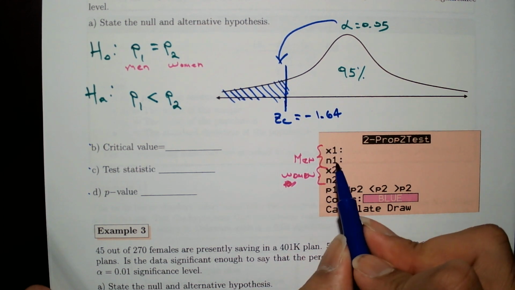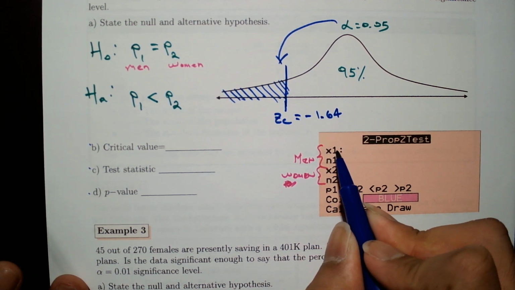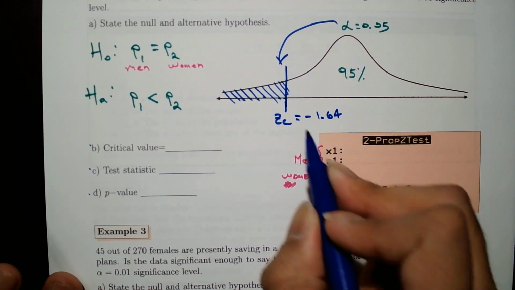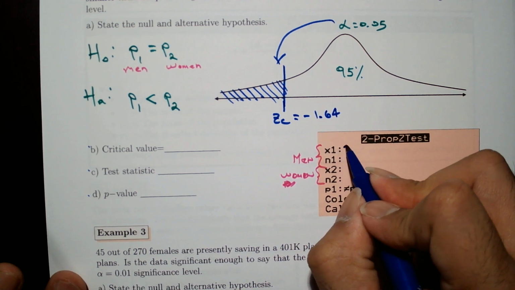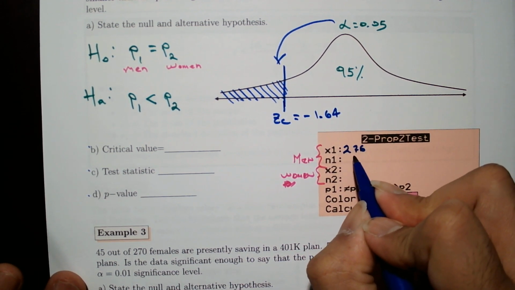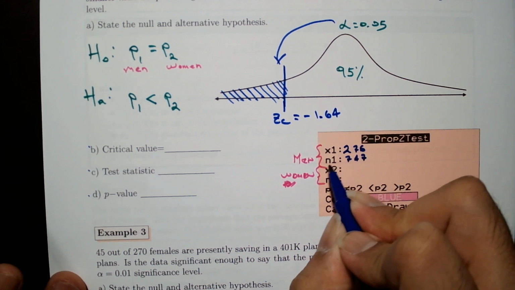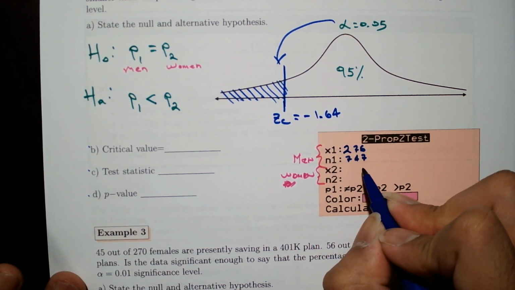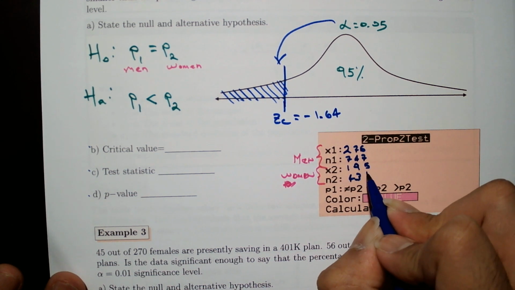So x1 is the amount of men that ate a vegetarian dish. In this case, that's 176 out of 747. And for x2 and n2, that's 195 out of 434.